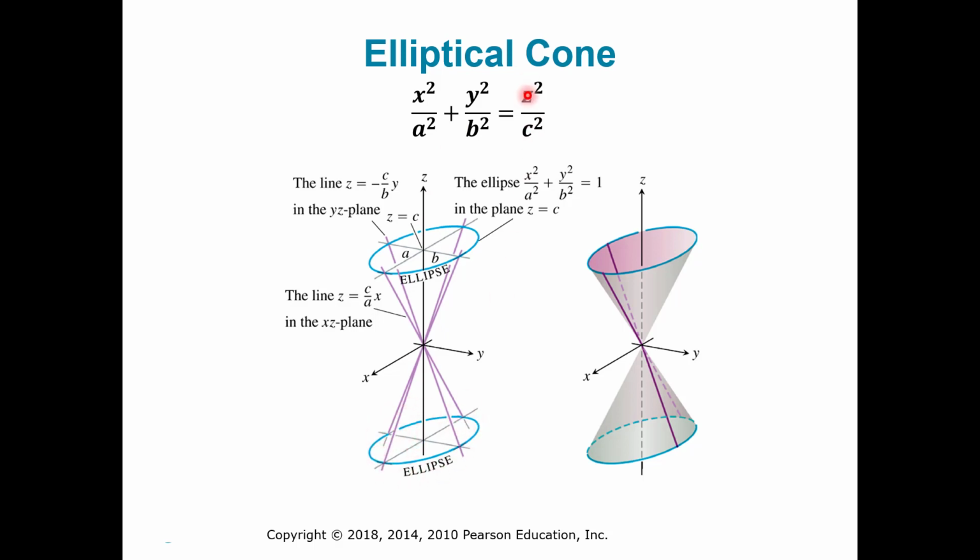Okay, and then you have your z squared component. So with this one, if you kind of separate it, you can think of it like x squared equals z squared, and if you square root them, you'll get these lines. Same thing if you separate y squared equals z squared. That's how you would end up getting these lines as well. So that's an elliptical cone, so it has this top half and this bottom half down there.